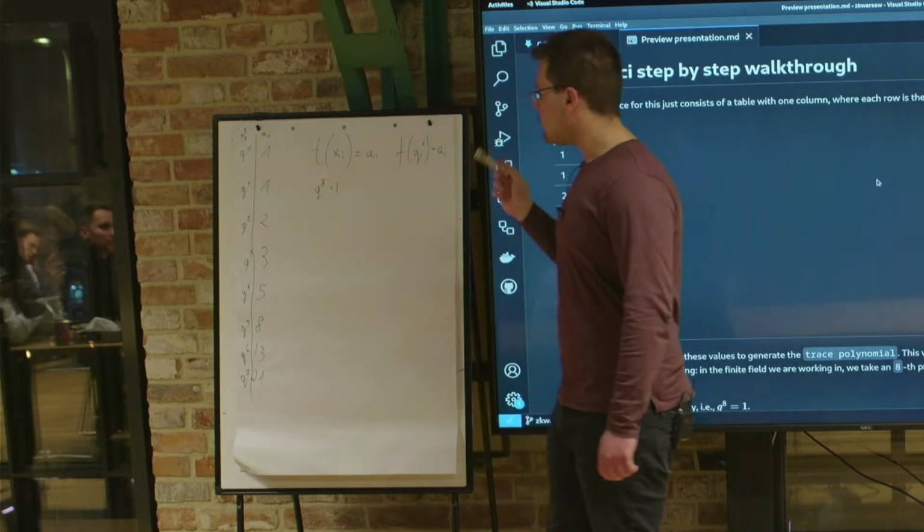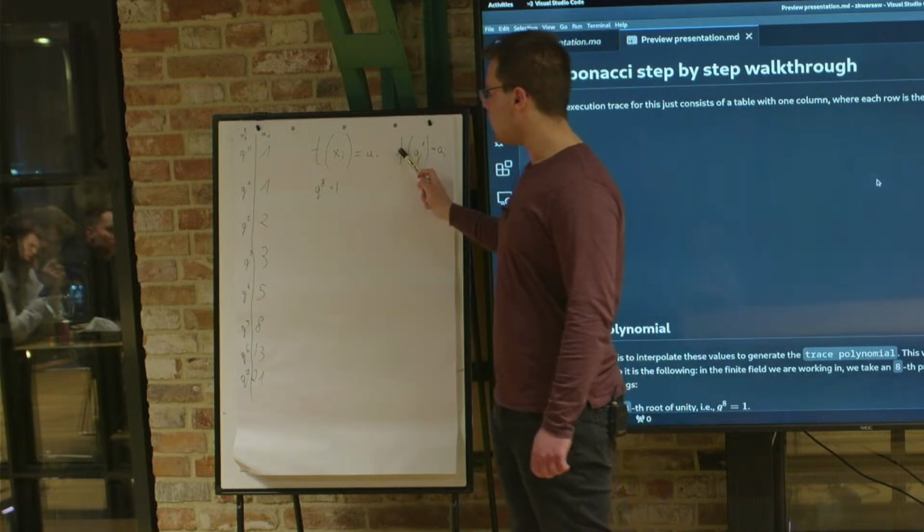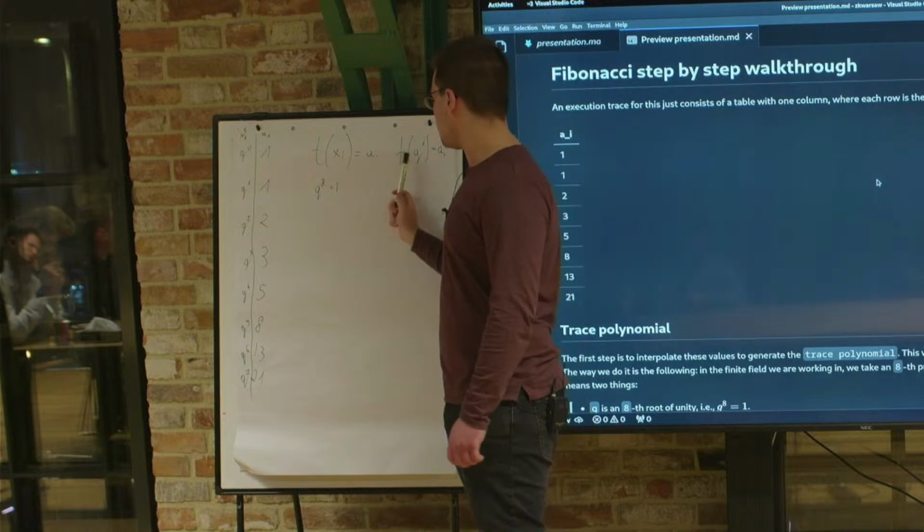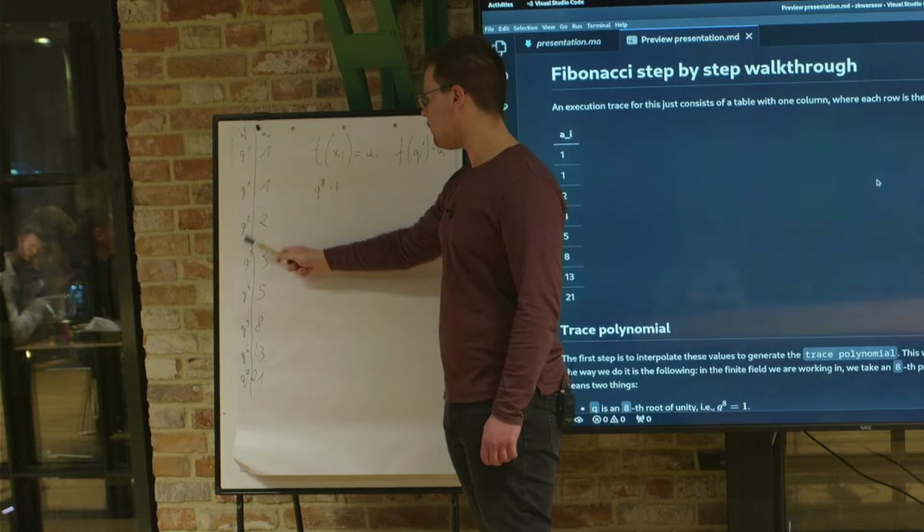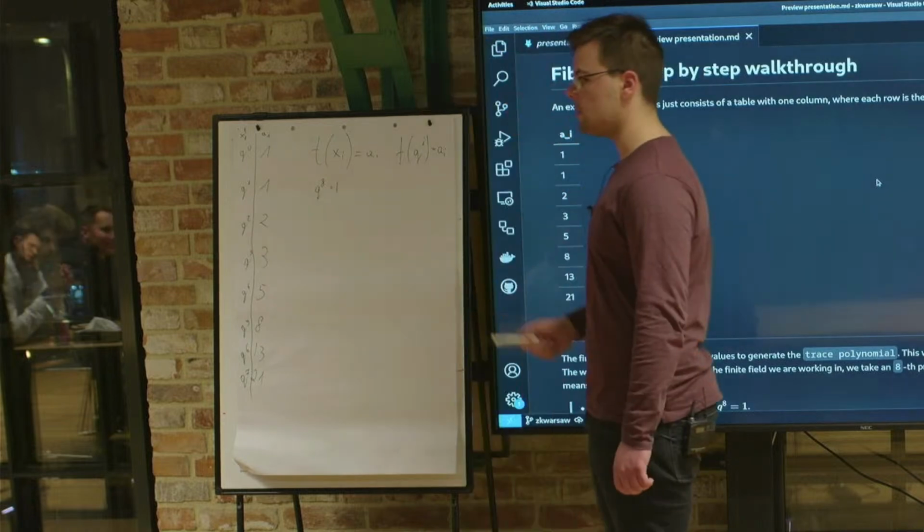So the simple property of this trace polynomial is when I plug in Q to the power of 3, I get 3. So that's it. That's just the interpolation.